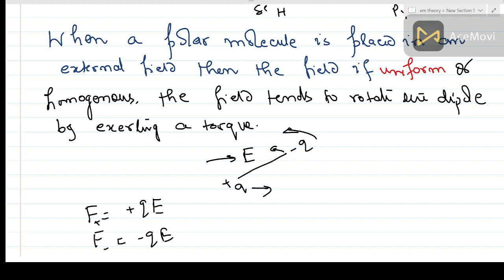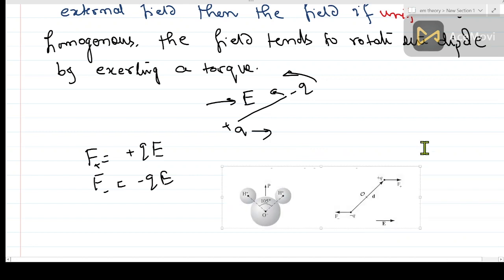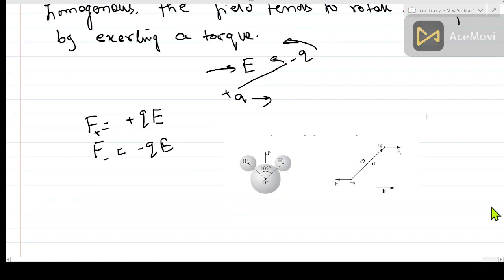Let me show you a diagram which consists of water molecules and this rotating action of the electric field. You can see this diagram in any textbook. This is the diagram. This is the center of the dipole. This total distance is d, and these are the individual forces acting on the two charges due to the electric field.